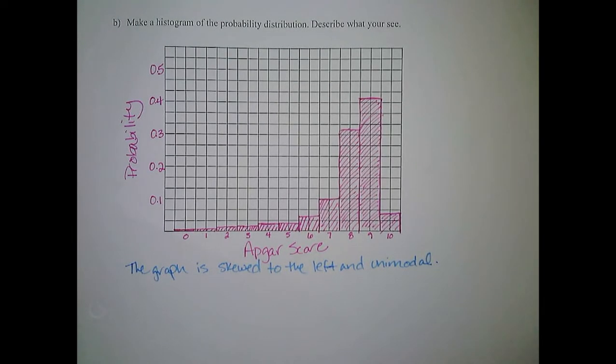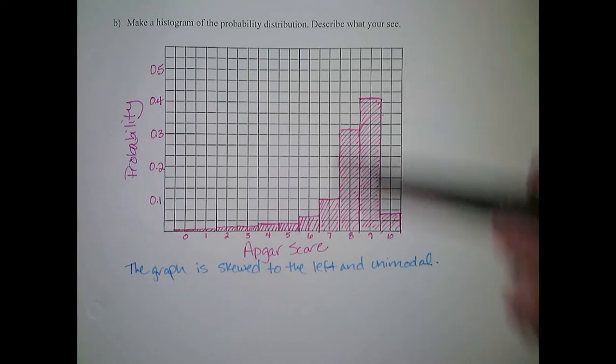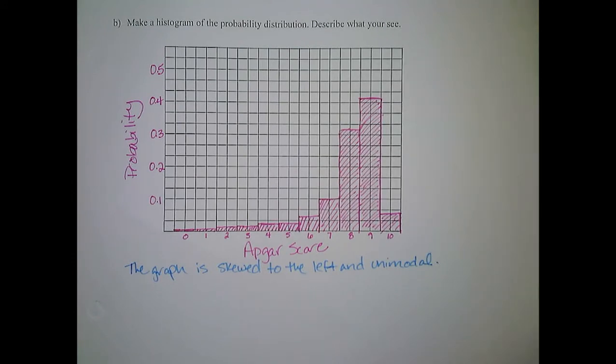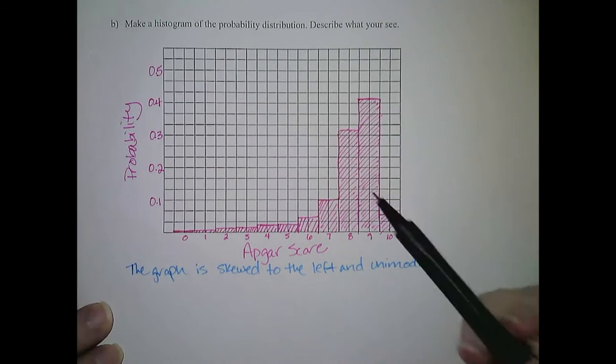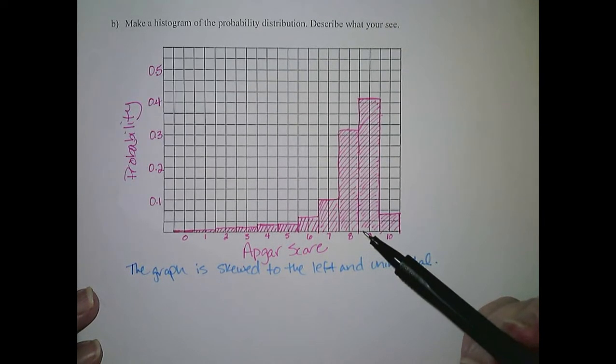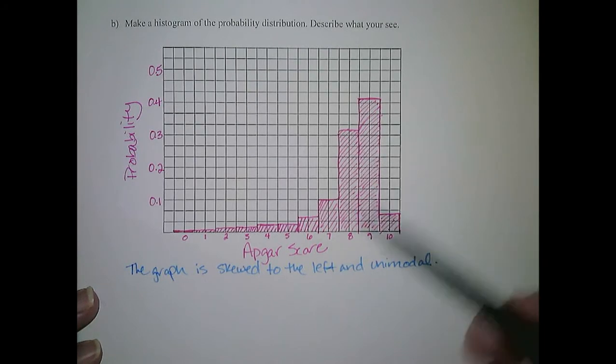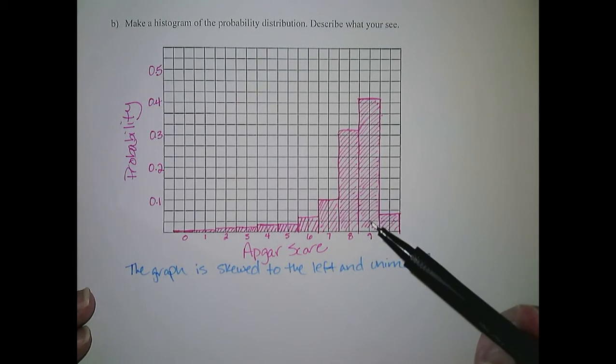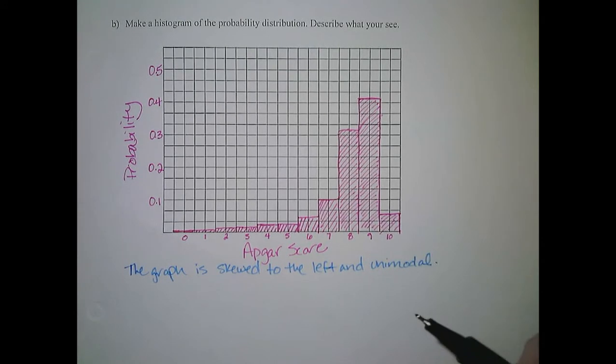Now, the fact that this graph is skewed to the left tells us a good bit of information about what we're modeling. What we're saying is that it's far more likely that a randomly selected baby is going to fall here on the right side because that's where our peak is. That's where the bulk of our data is. So in this case, since we're talking about APGAR scores, we're saying that a baby is more likely to have an APGAR score on the higher end, meaning that they are probably more likely to be fairly healthy at birth.